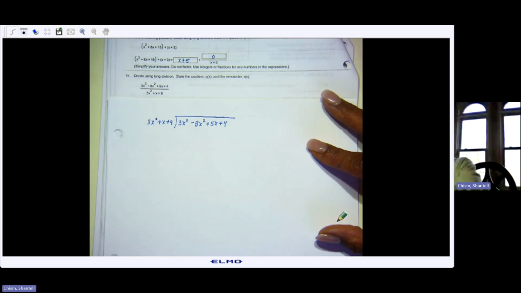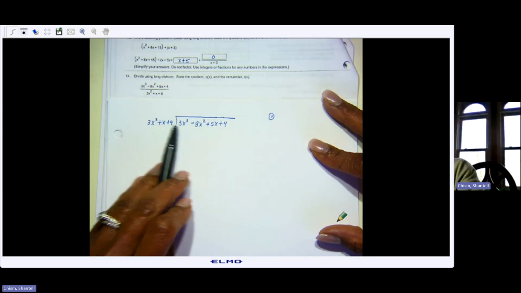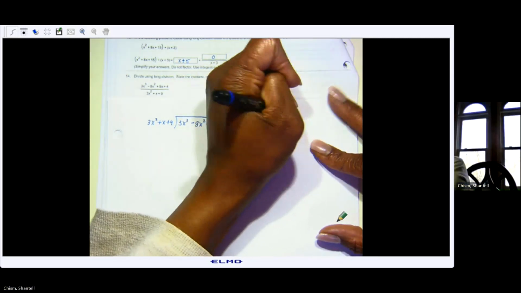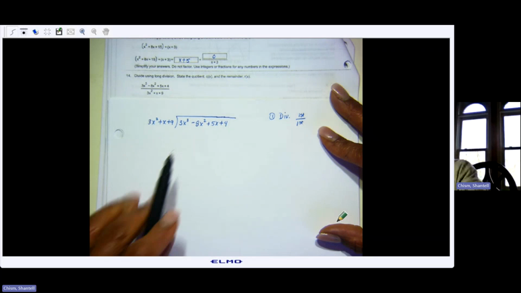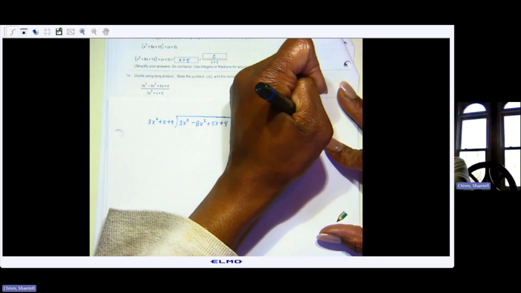All right. So my first step is I'm going to divide the first term of my dividend by the first term of my divisor. So divide first by first. So 3x cubed divided by 3x squared.